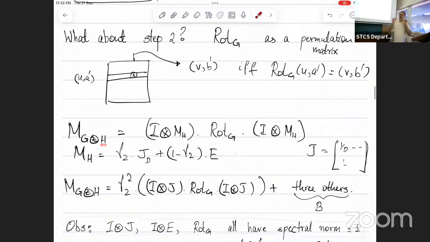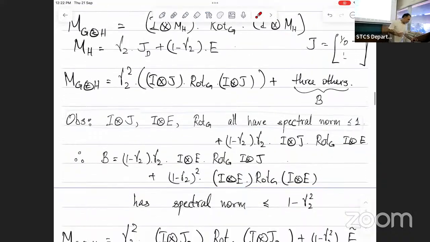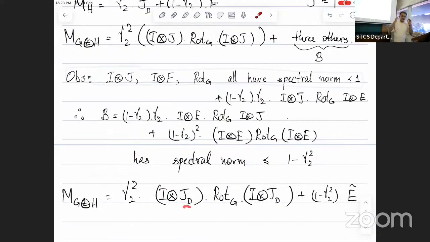When we are dealing with a graph H, the matrix that you write down for the zigzag product is I tensor the random walk for H, rod G, I tensor the random walk for H. What you have right now is I tensor JD, rod G, I tensor JD. So if I had to ask you what is the random walk matrix for G zigzag product the complete graph, you would have said this is what it is.